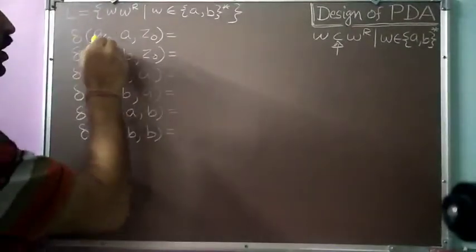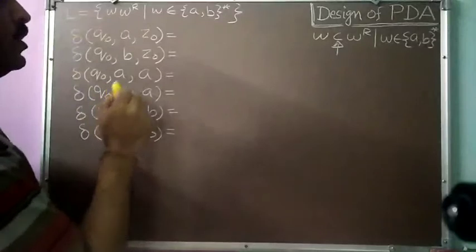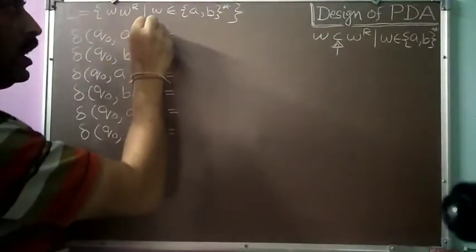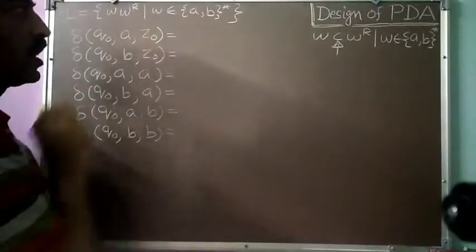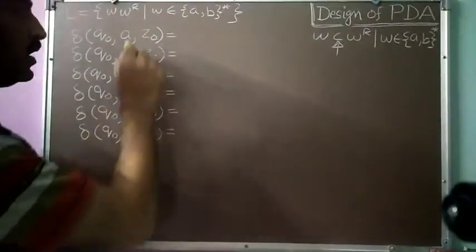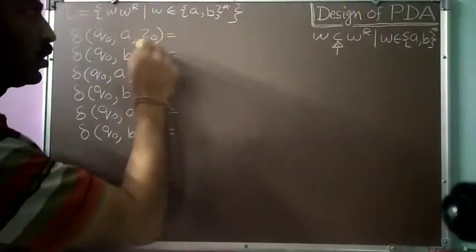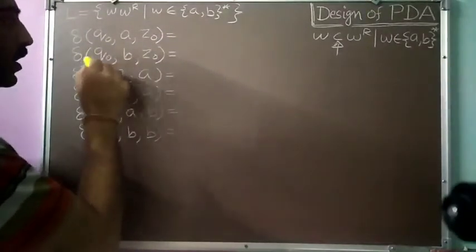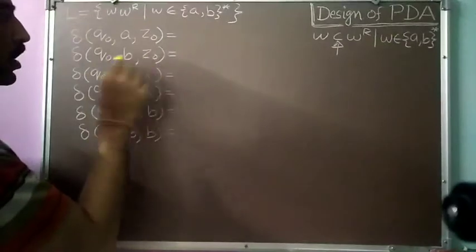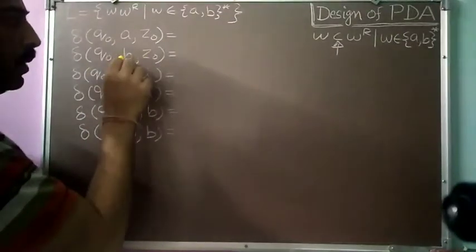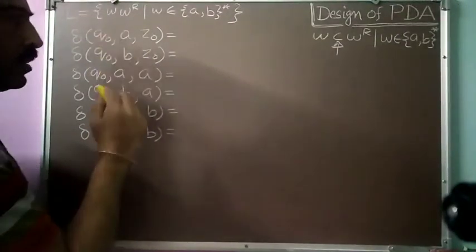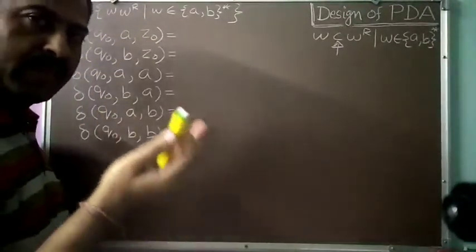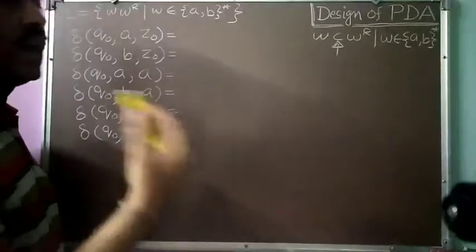So over this condition, delta(Q0, A, Z0) represents the initial situation. We are in the start state Q0, and at the pushdown store there is the start symbol Z0. Similarly, the second one depicts the situation when we are in the initial position Q0 with Z0, but the first symbol of the input is B. So whether we get A or B as the first letter, we have to push it.